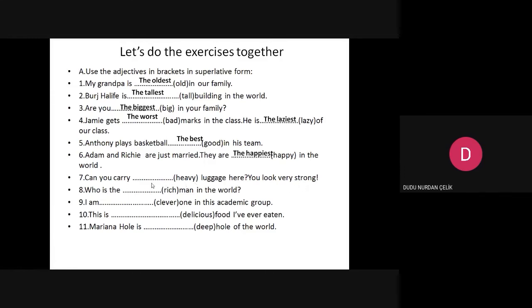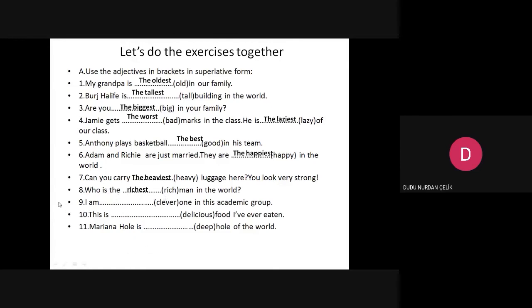Heavy in superlative form is the heaviest, of course. Look at eight. Who is the man in the world? Rich. What is the superlative form of rich? It's richest.